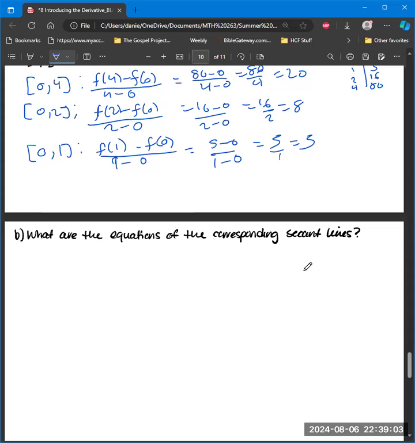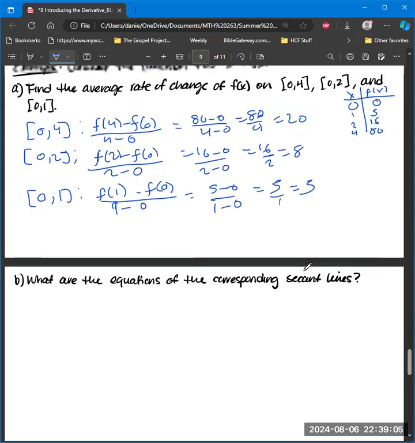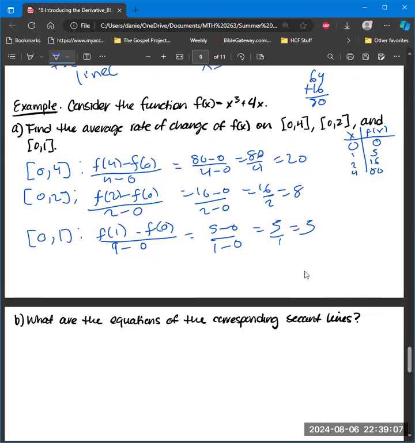So what are the equations of the corresponding secant lines? Let's keep using that point 0, 0 for everything, and then we're going to use the other points.